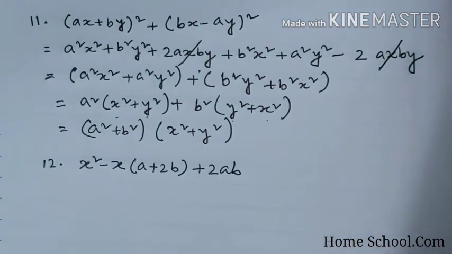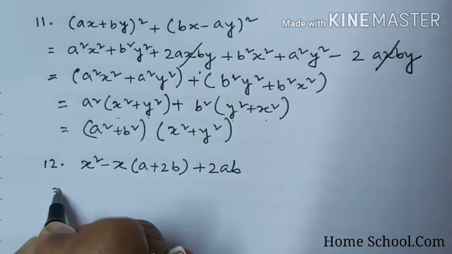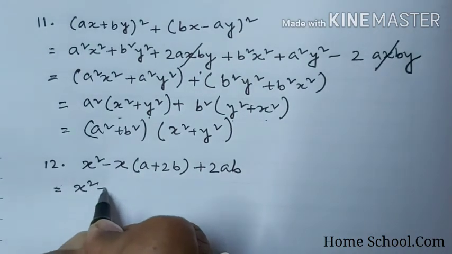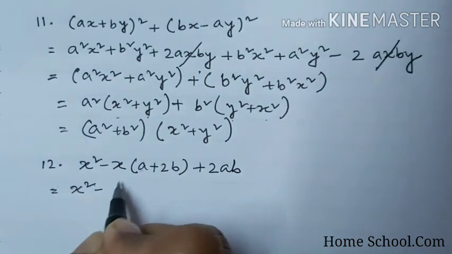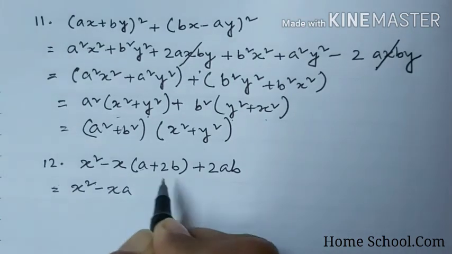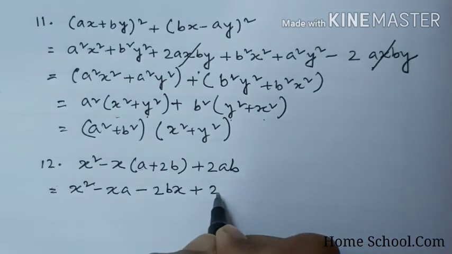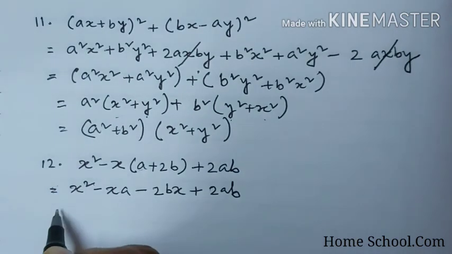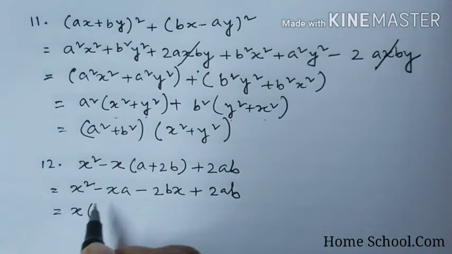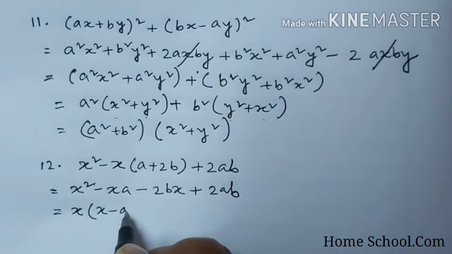Let's factorize the next problem. How to solve it? First of all, you have to multiply it out: x square minus xa plus xa minus 2bx plus 2ab. Now you take x common, so it becomes x minus a.